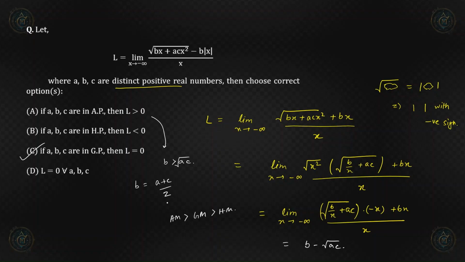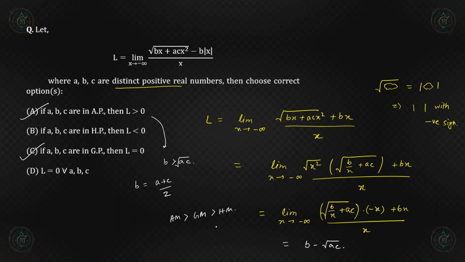So b, which is the AM, should be greater than the geometric mean of a and c, which is root ac. And this will be a strict inequality because we have distinct positive real numbers. So b is greater than root ac if a, b, c are in AP, so we have L greater than 0.